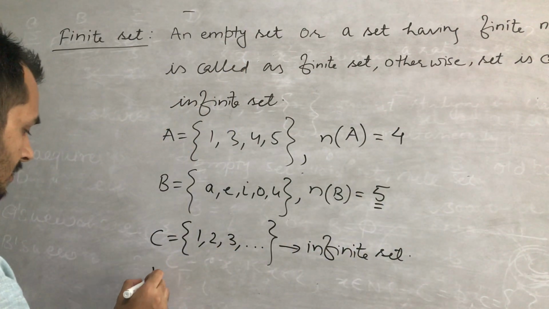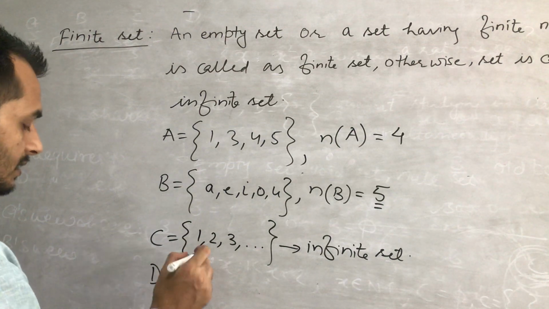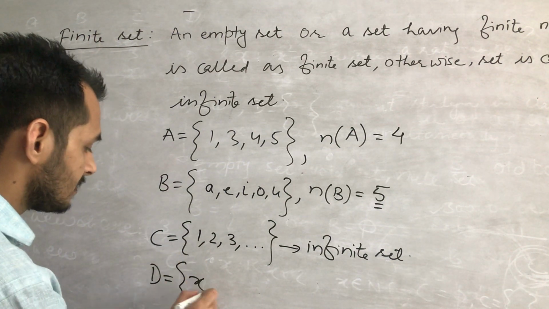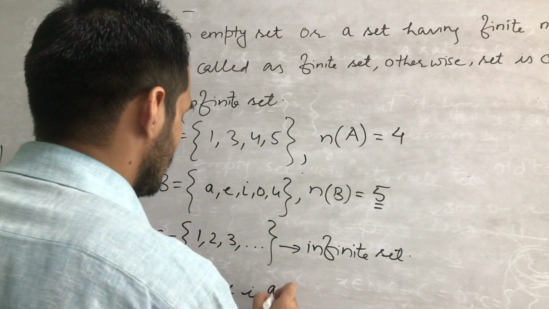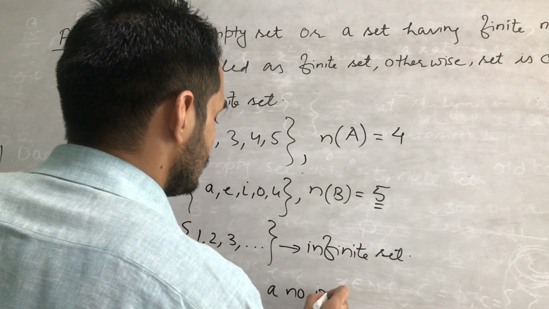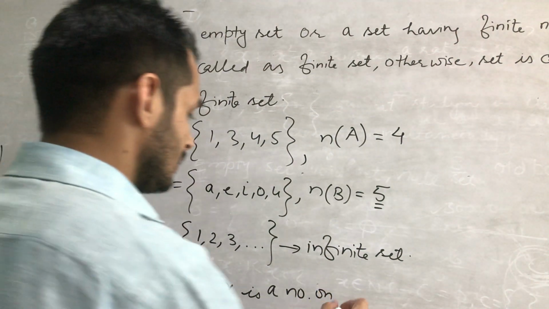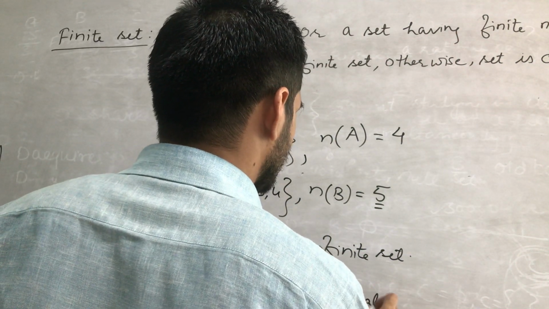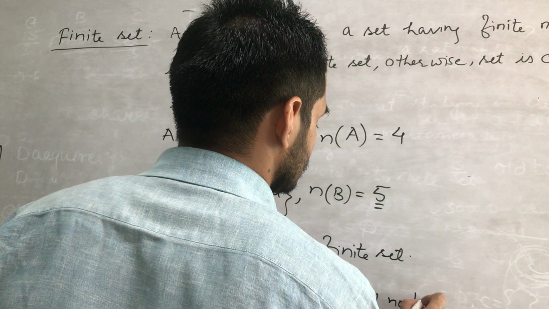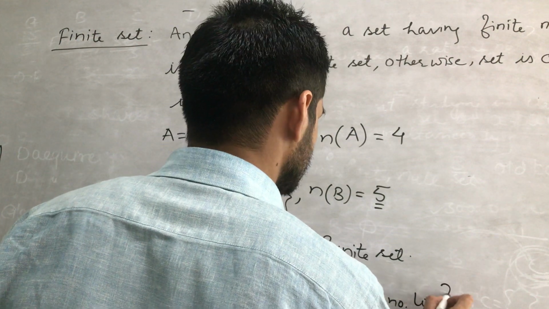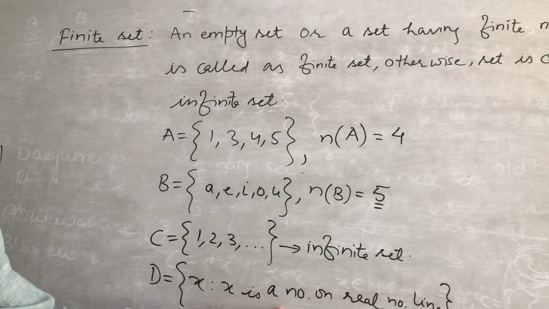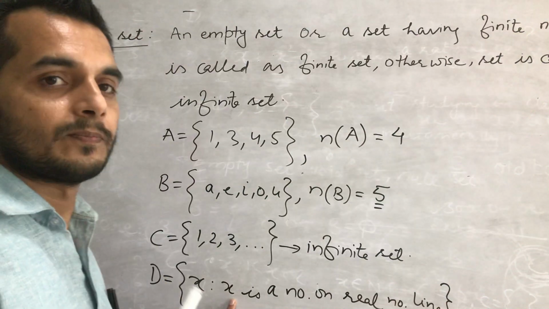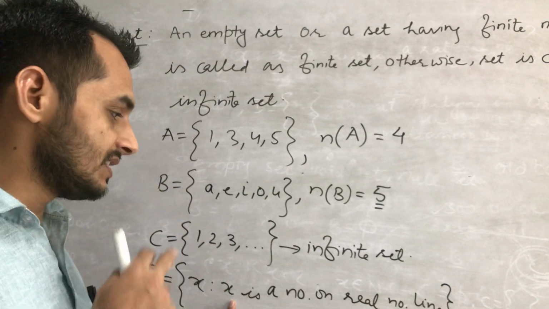Another example, let's say D, the set of all x such that x is a number on the number line, or say the real number line. Okay. Can you count the number of elements of this set?